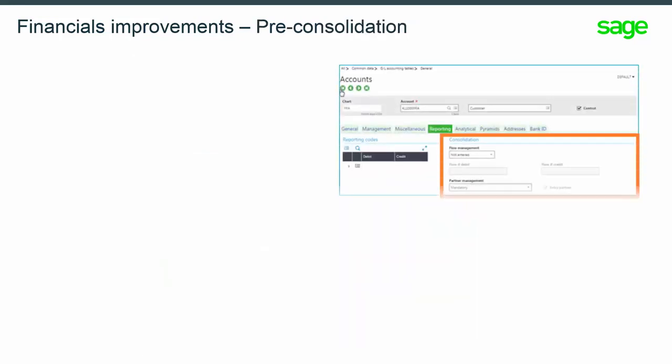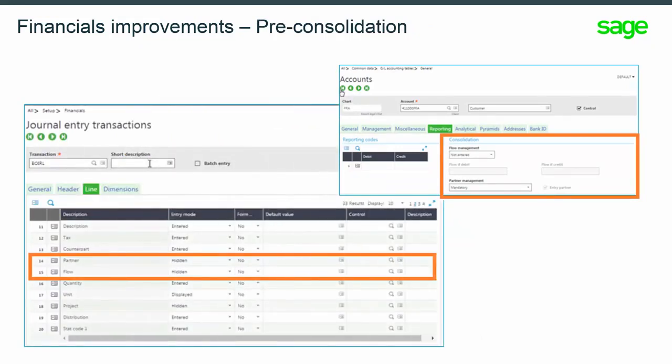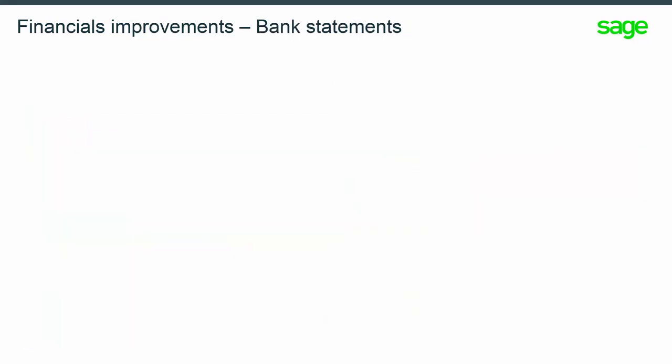The improvements in the financial consolidation provide the right information at the right time. The information is defaulted or entered in the journal entry lines according to the setup and aggregated in the pre-consolidation balances in real time. There's also advanced bank statement management, which improves the payment entry process by automating routine tasks.